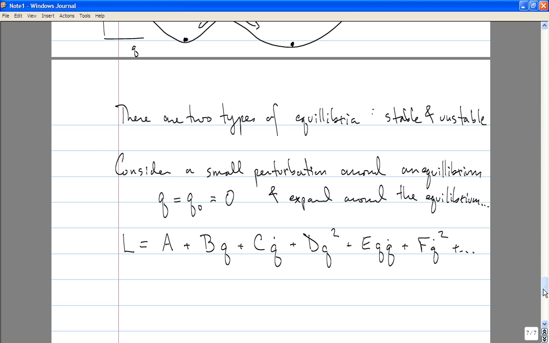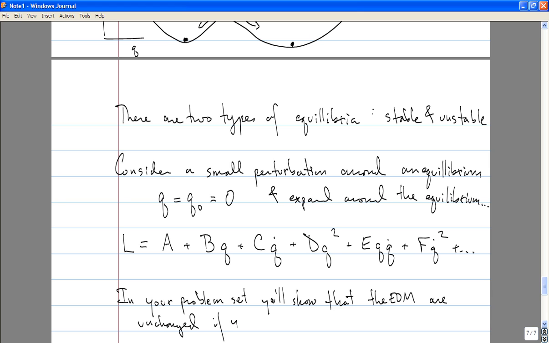So in your problem set, you'll show that the equations of motion are unchanged if you add a total time derivative to the Lagrangian.